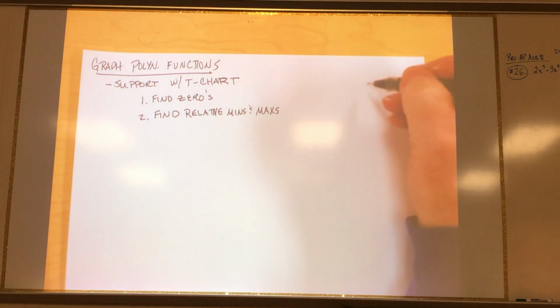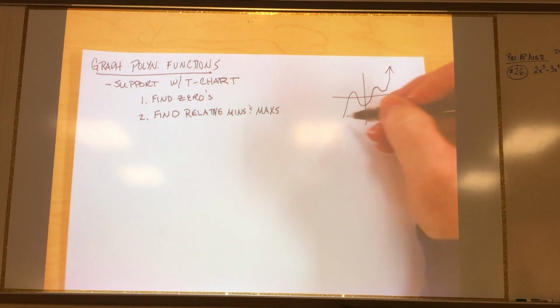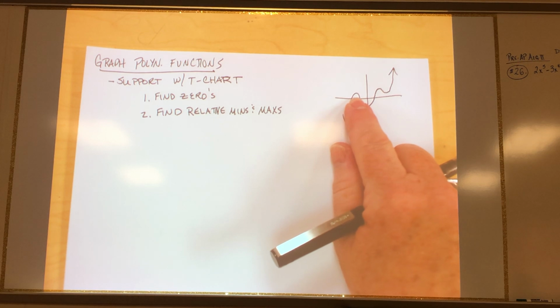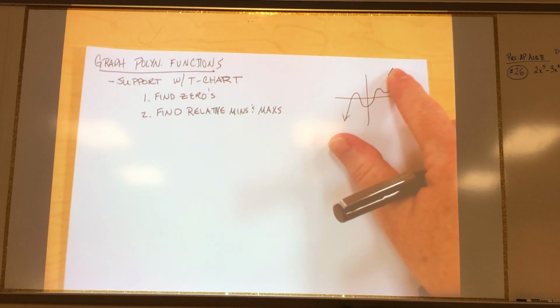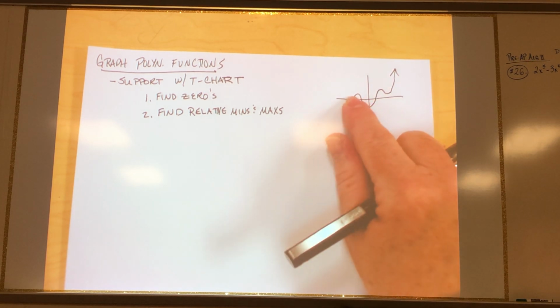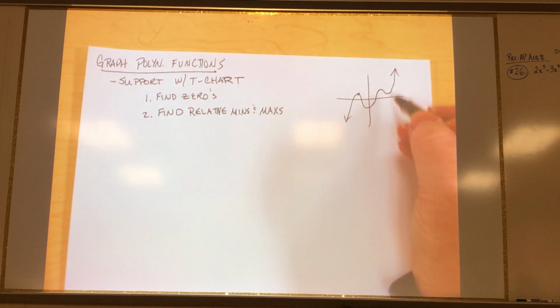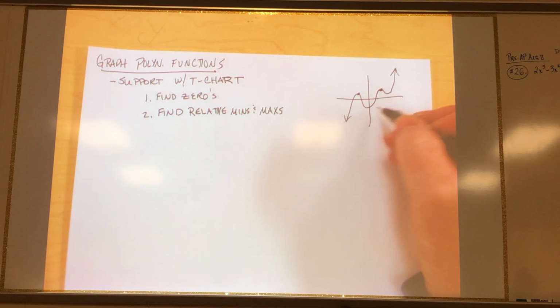So this is what I'm talking about. Let's say we have a graph like this right here. Is this a max? No, this thing doesn't have a maximum. But relative to this general area, is this a maximum point right here? Yes, it's a relative max. And how many relative mins do you see?